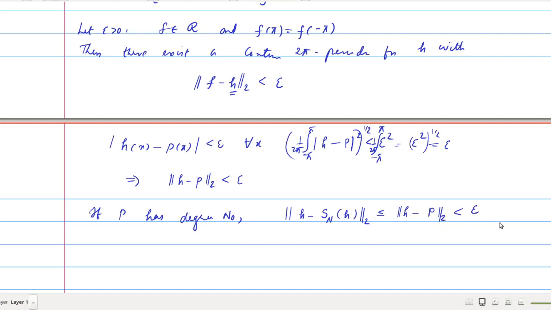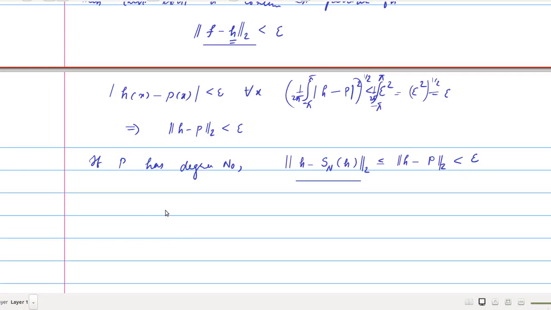Now we can consider this inequality and establish one more. We have proved an inequality in theorem 8.11 itself: the integral from minus pi to pi of mod Sn f of x whole square dx is always less than or equal to the integral from minus pi to pi of mod f of x whole square dx.